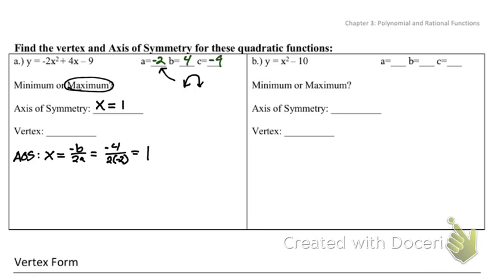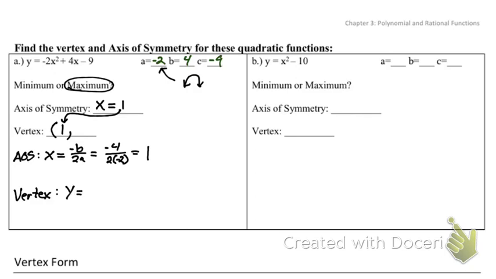All right, now let's get to our vertex. Our vertex is going to start off with 1. So if I'm already looking at my vertex, I know at the very least it's got an x value of 1. So we already did the start of our vertex. To get the rest of our vertex, we're going to plug that 1 into the equation.